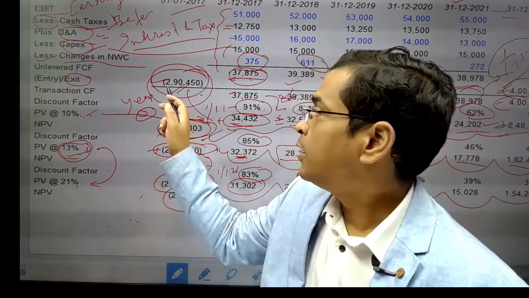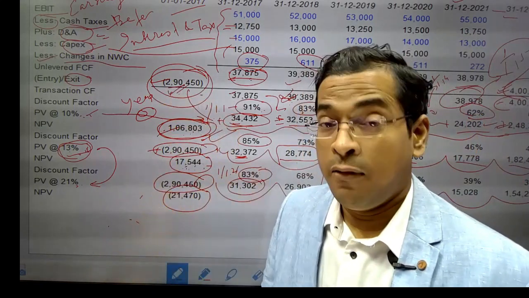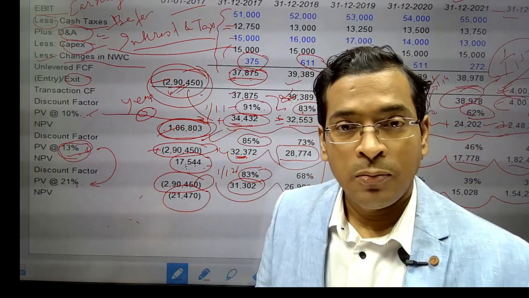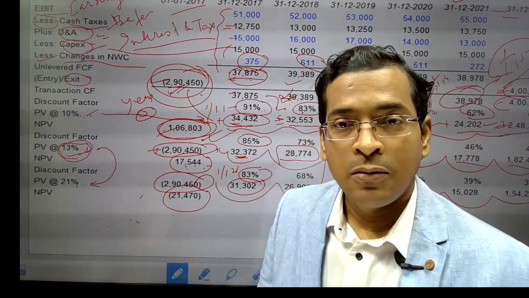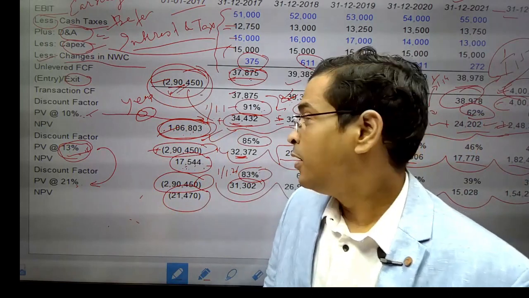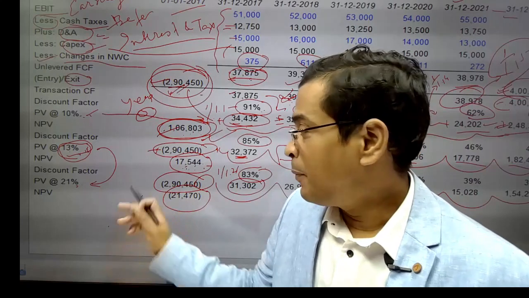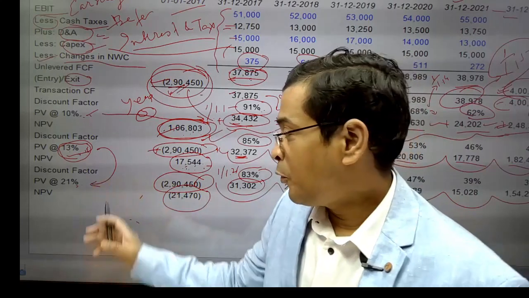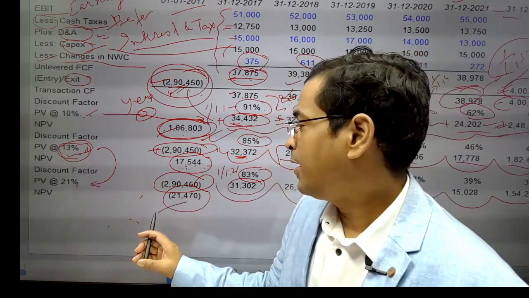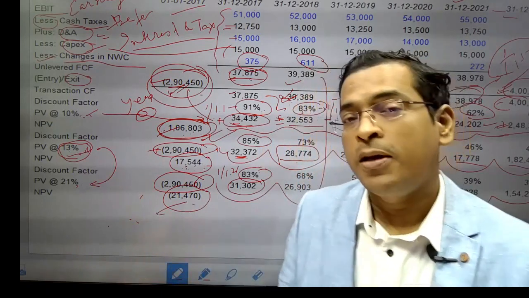After adjusting the initial investment and calculating all the future value at present worth, because we know a bird in the hand is worth 2 in the bush, or sometimes 3 in the bush, present value is always much lesser depending on the discount factor. At 21%, the net cash flow is negative and the project is not making a profit.